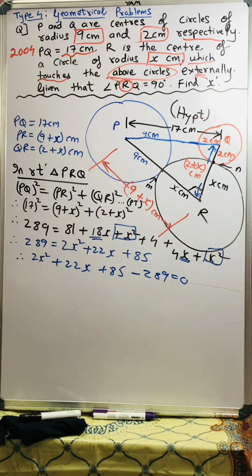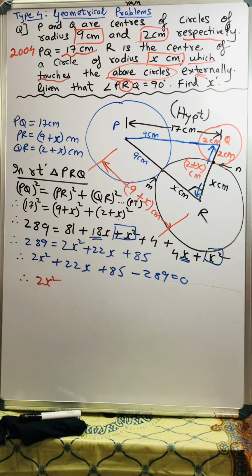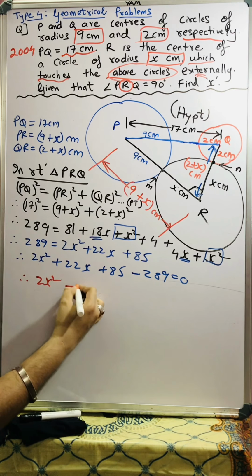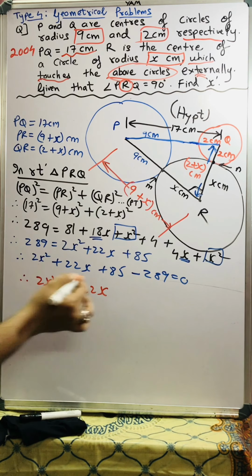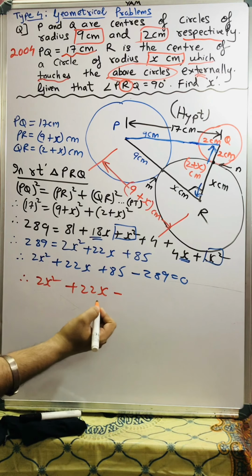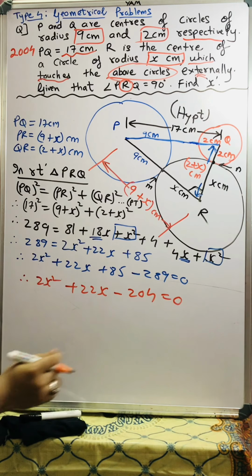Now this 2x square will be as it is, plus 22x as it is, plus 85 minus 289. The sign of the bigger number is minus, so it will be minus 204, equal to 0.